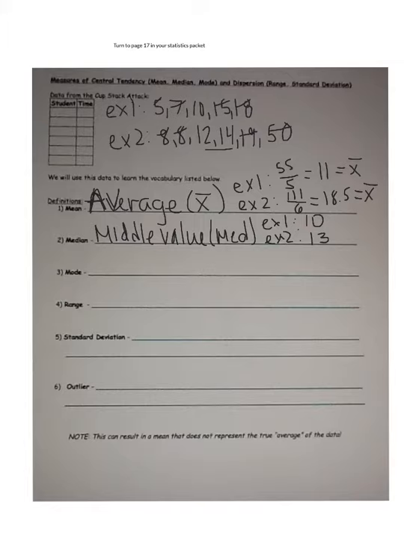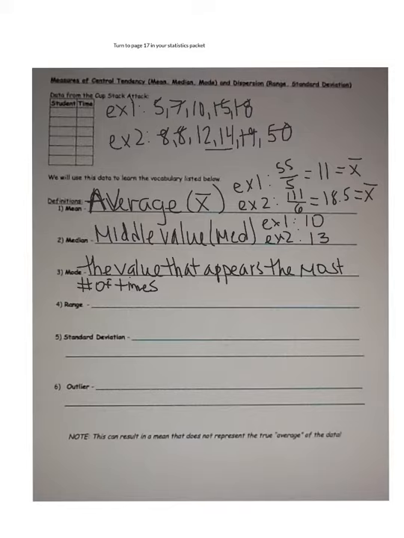Okay, number 3, the mode. The mode is the value that appears the most number of times. I'll give you a few seconds to copy this down. The way I like to remember the word mode, I see the word most in it.